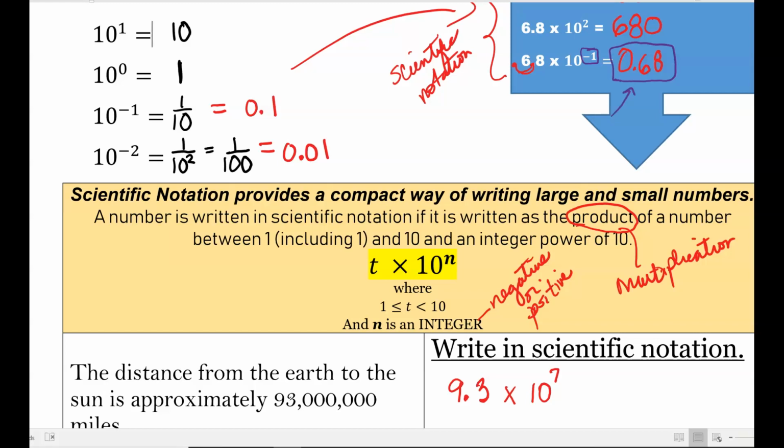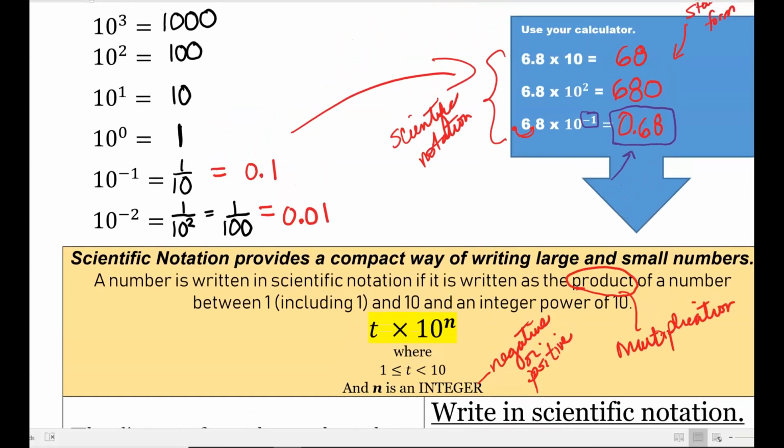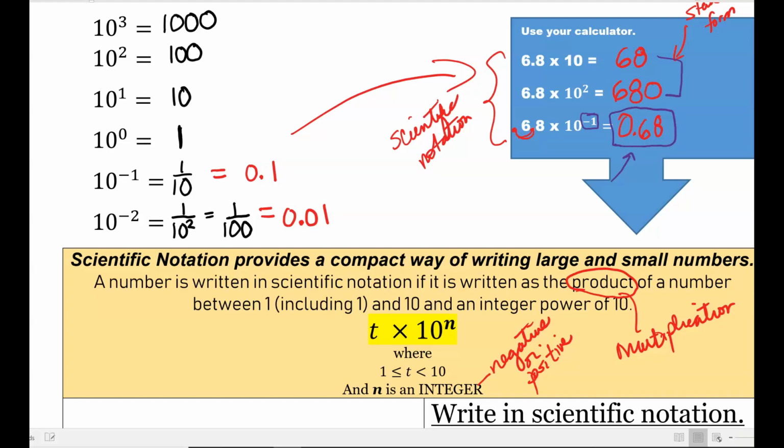So again, in scientific notation, a negative sign on the exponent with a positive base is associated with a number less than 1. However, a positive sign on the exponent with a positive base is associated with a number greater than 10.